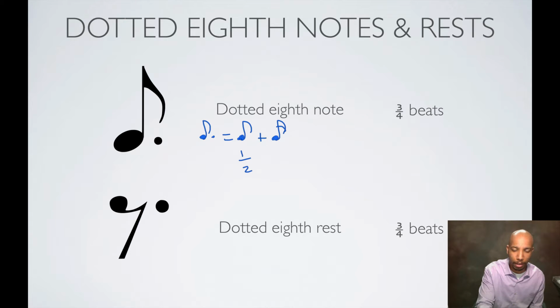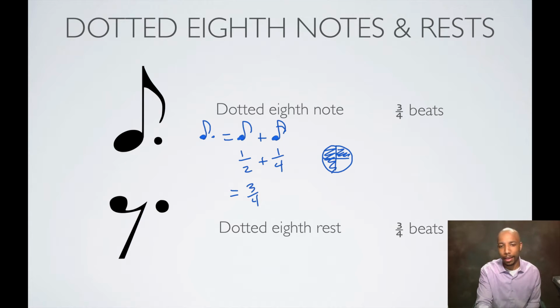So a half plus a quarter, if you remember your fractions, or just think about a pie. If we have a whole pie and I have half, plus a quarter, well, that gives me 3/4. Okay, so there we go. And it's the same thing with the dotted eighth rest, but I'll spare you the math again this time.